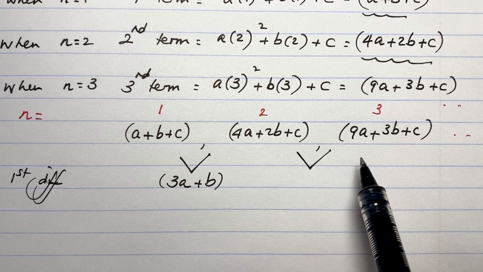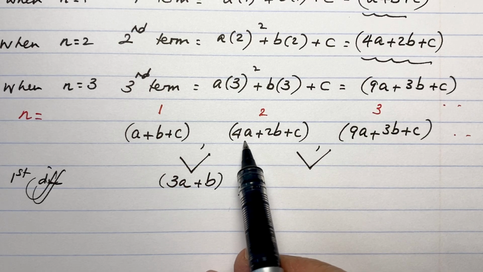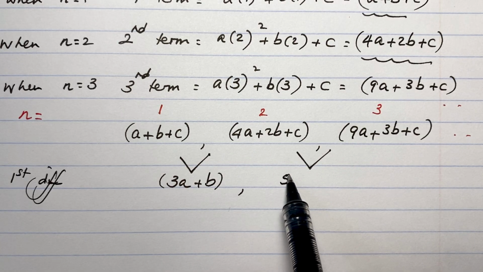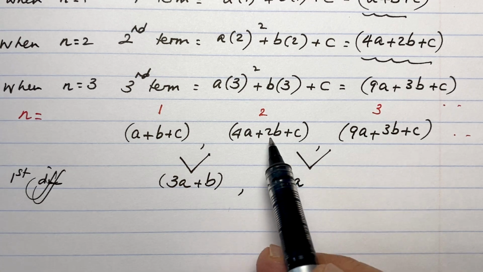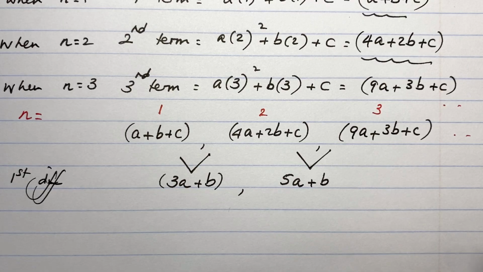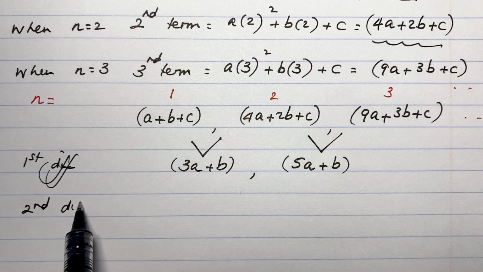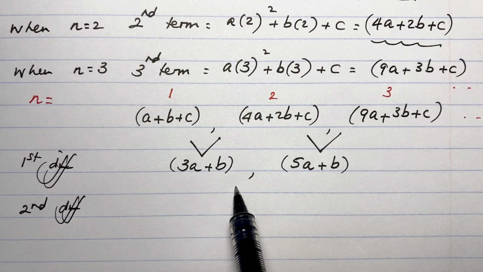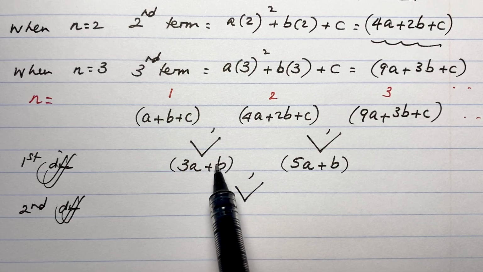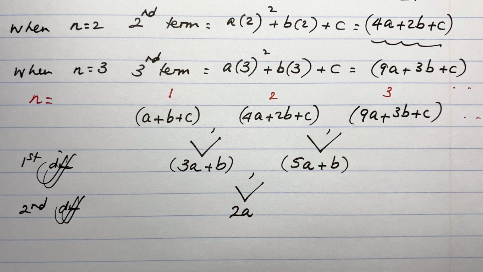Then let's find the difference between these two. 9a, take away 4a. That's 5a. 3b, take away 2b. Just 1b. And c, take away c. No c. Let's go for the second difference, which is the difference of these two terms. 5a take away 3a, 2a, b take away b, no b.